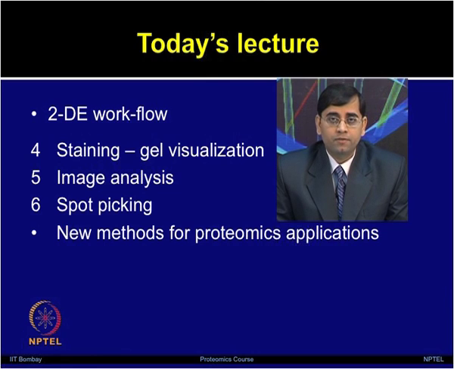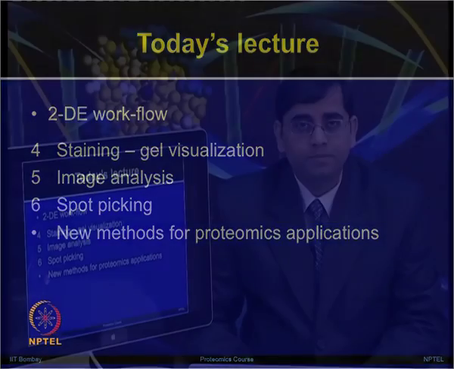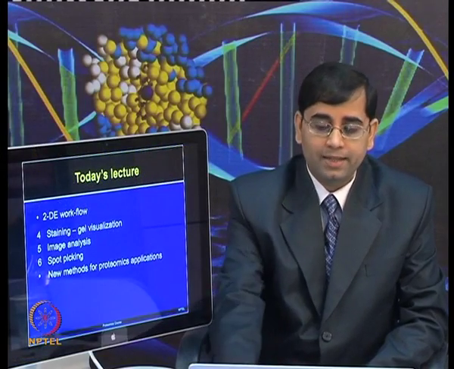SYPRO Ruby is a very sensitive stain, and it is also used for looking at different types of protein patterns, such as dual staining. Now, if you want to look at post translational modification, a few stains such as Pro-Q Diamond can be used, but if you want to look at the overall protein pattern, then you can do dual staining with SYPRO Ruby or some other stain. So, let us continue our lecture on the different types of staining methods being used.